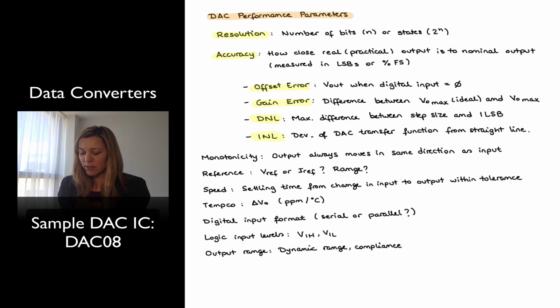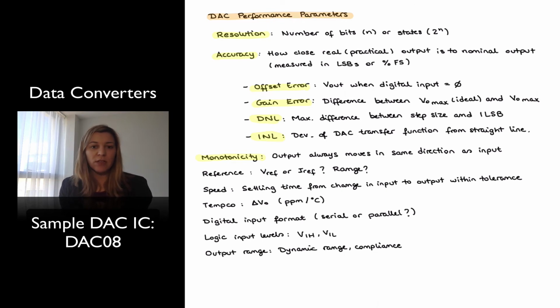Sometimes they will refer to the monotonicity. To refer to a DAC as being monotonic simply refers to the fact that the analog output voltage always moves in the direction of the digital input. So if the digital input increases, the analog output increases. If the digital input decreases, the analog output decreases.